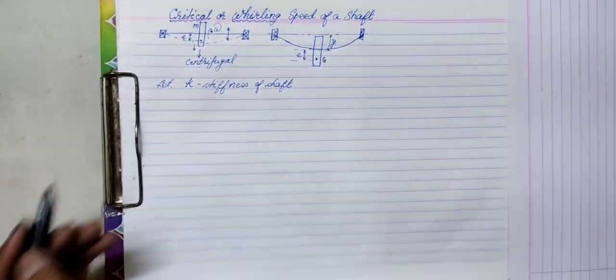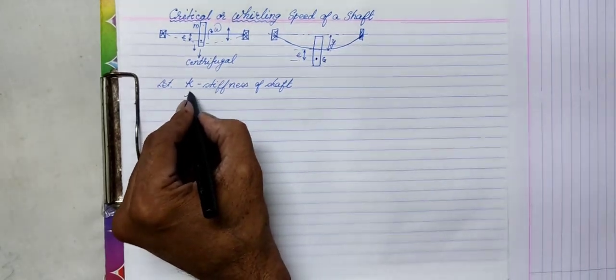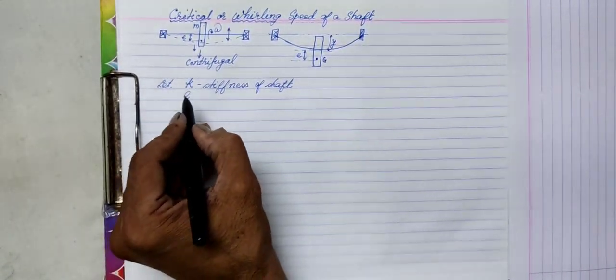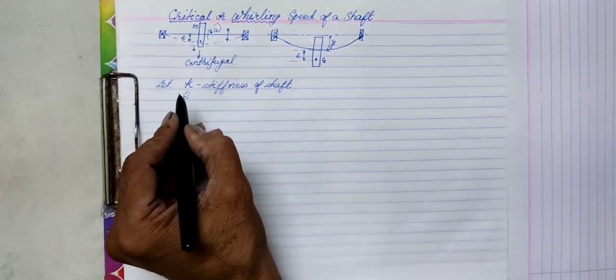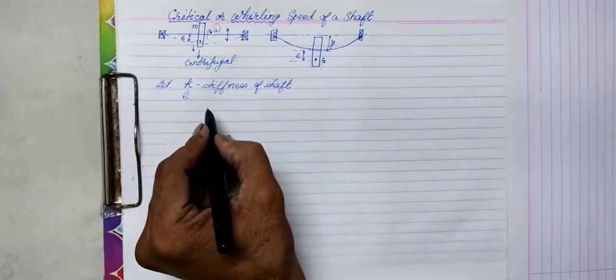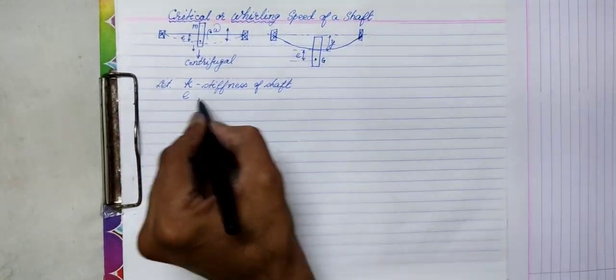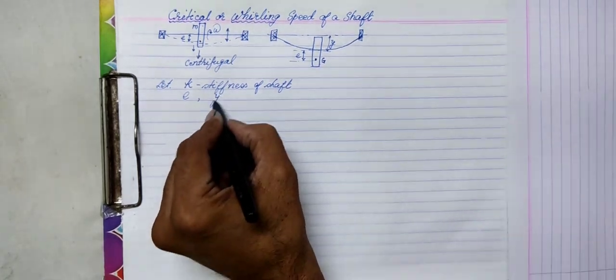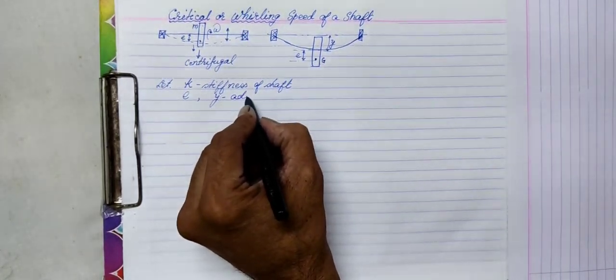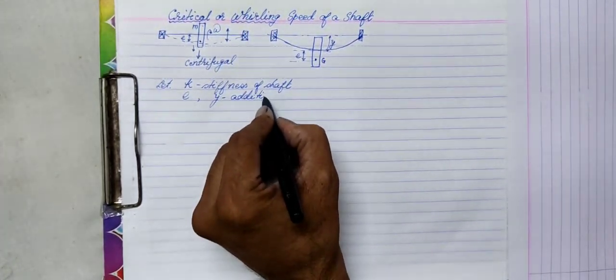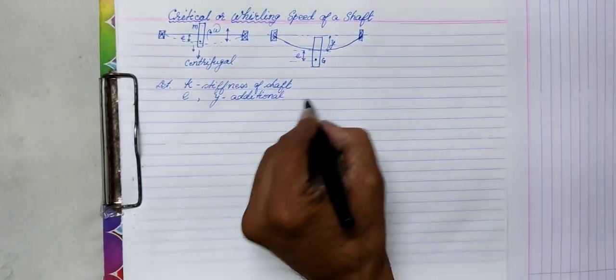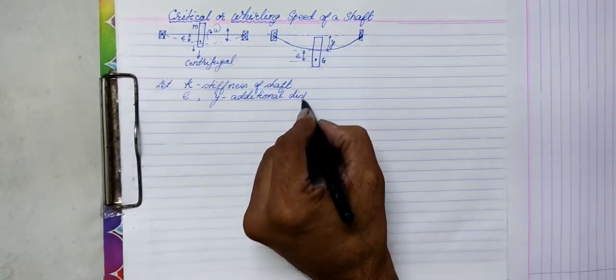And we have said E is the eccentricity, the distance of CG from the axis of rotation, and Y is the additional displacement, right?